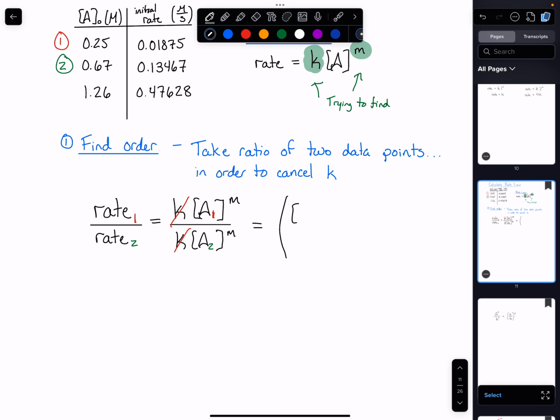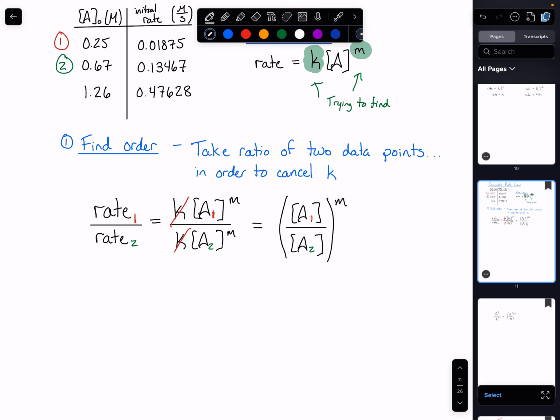This is the same thing over here as the concentration of A at that first data point divided by the concentration of A at that second data point, all raised to that same power of M. Cool, so at least now M's not all over the place. We got it in just one place here.